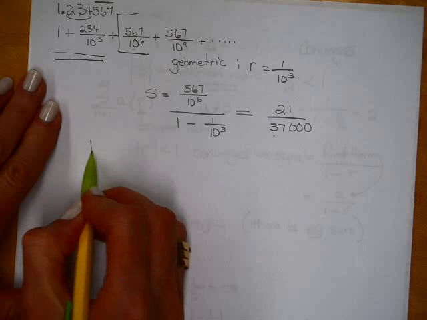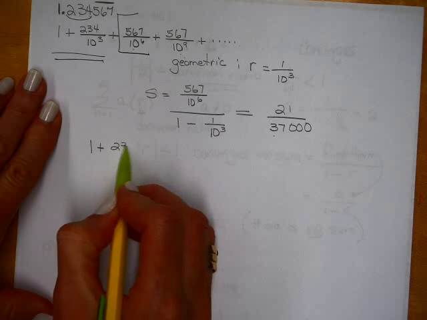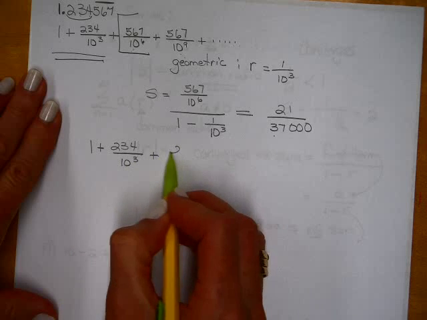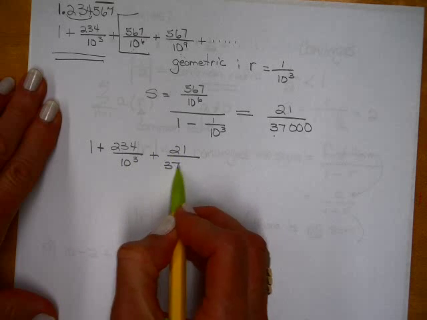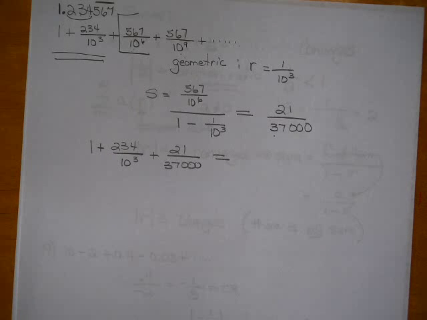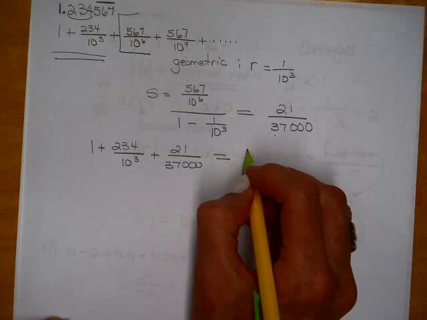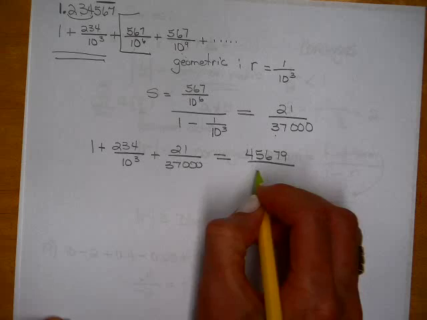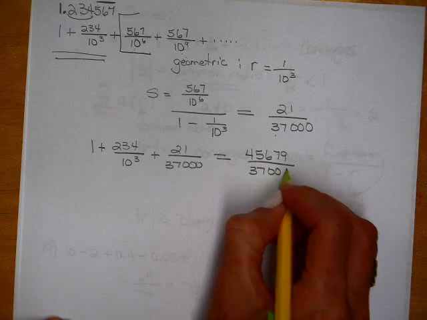So now you go back and add 1 plus 234 over 10 to the third plus 21 over 37,000. Add those all together. And I got 45679 divided by 37,000.